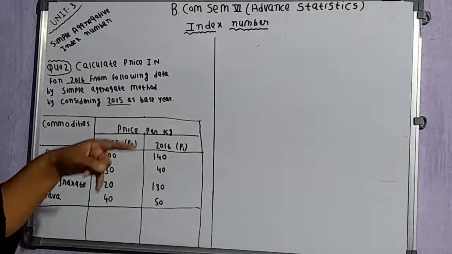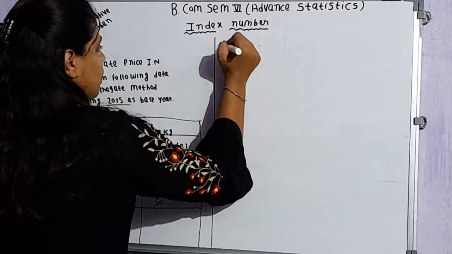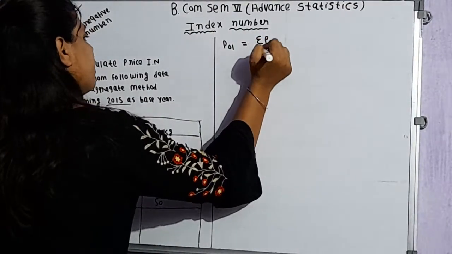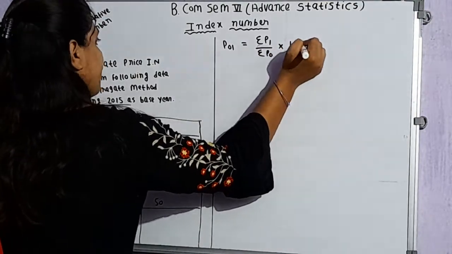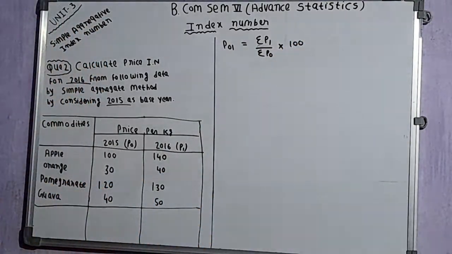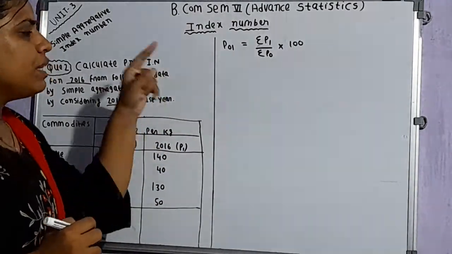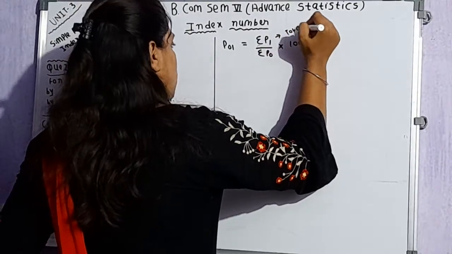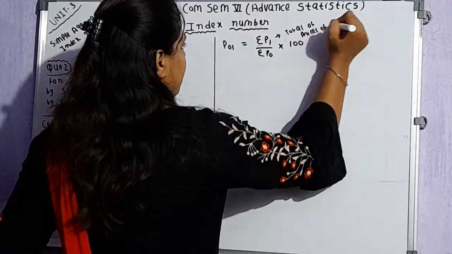So let's apply the formula, that is, P01 equals summation P1 upon summation P0 into 100. First we find summation P1, the total of prices of the current year.